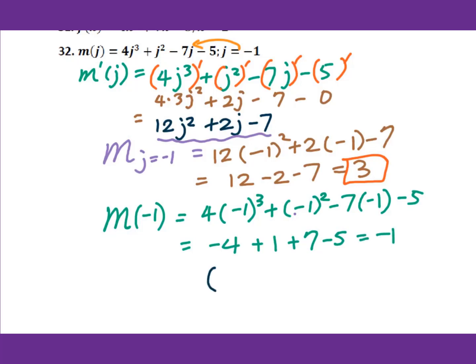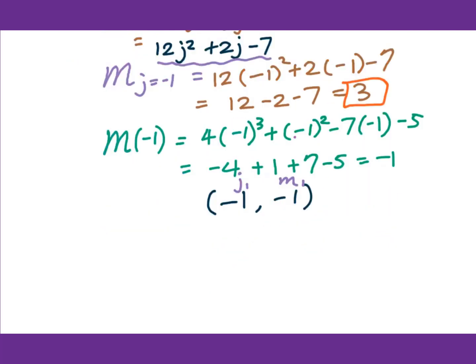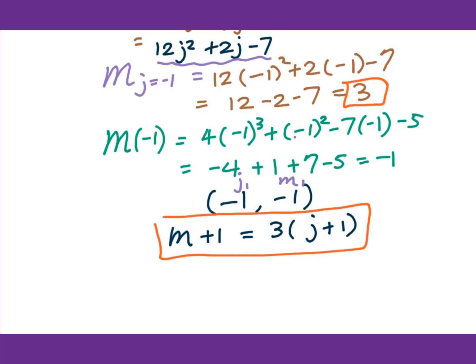In other words, -1 and -1 are j1 and m1. We use the point-slope formula. We get m plus 1 equals the slope, that's 3, times j plus 1. This is the equation of the tangent line at j equals -1.